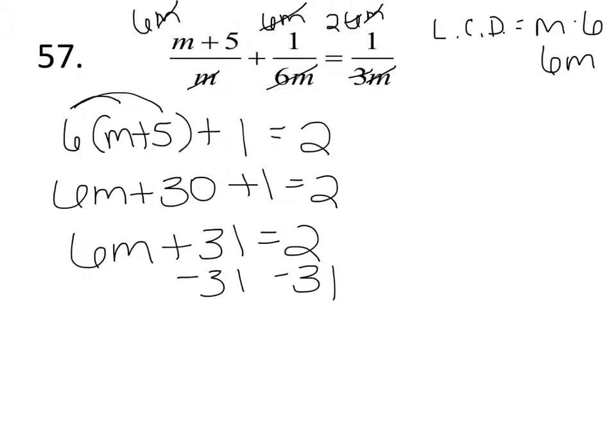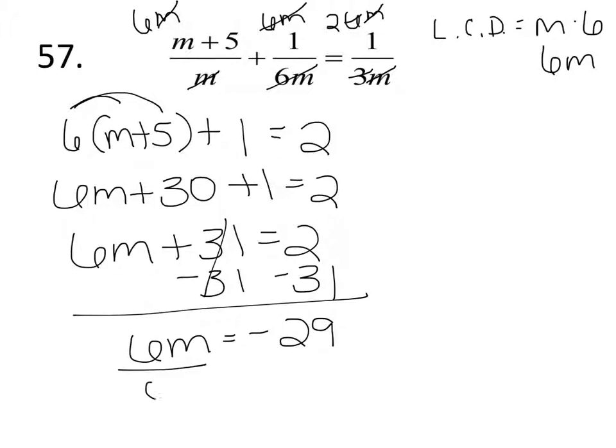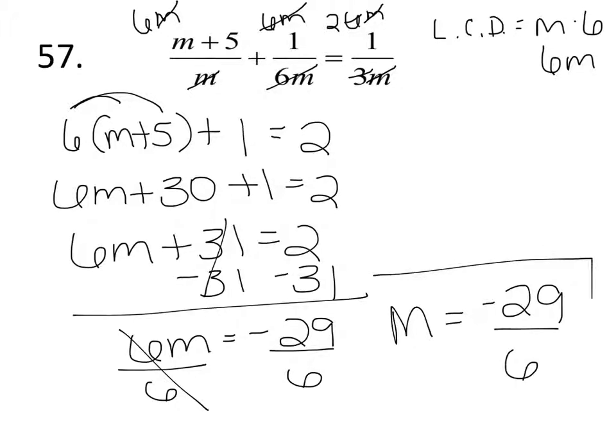Subtract 31 from both sides. You get 6M is equal to negative 29. Divide both sides by 6, and you get M is equal to negative 29 over 6.